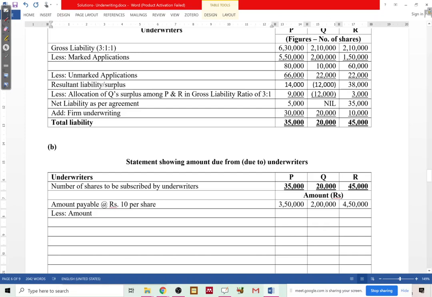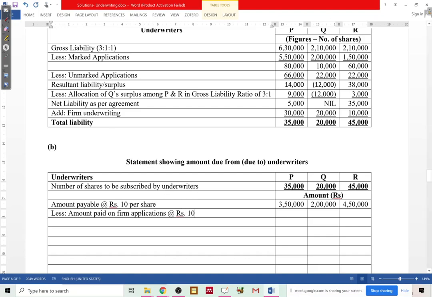So out of these total shares which they were supposed to take, minus the amount paid on firm underwriting, or firm applications, we will write again at rupees 10.